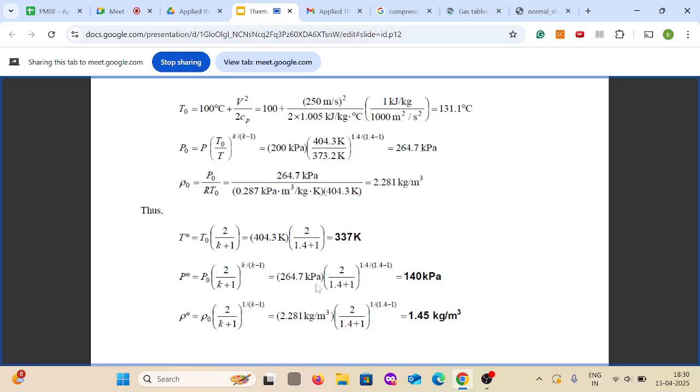Substituting that and the gamma value, we get P star as 140 kilopascal. Next is to find the critical density. Similarly again, assuming the isentropic process between the two, we get rho by rho naught equals (T by T naught) raised to the power 1 by (gamma minus 1).